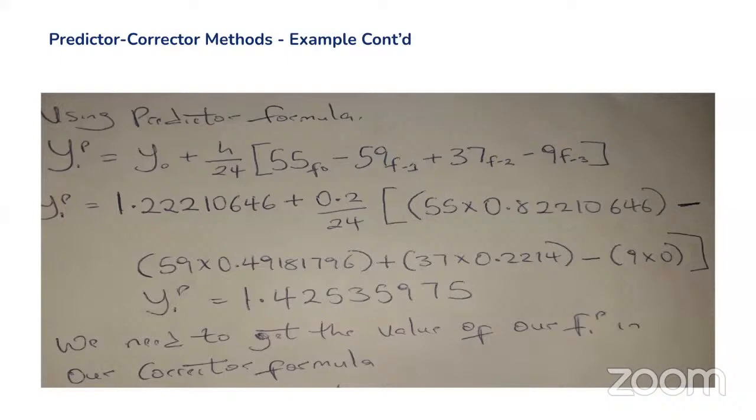So basically, all we have to do here is insert the values we solved for in our previous slides, which are f naught, f subscript minus 1, f subscript minus 2, and f subscript minus 3. When we insert those values, we get our predictor formula value, which is our y subscript 1p.